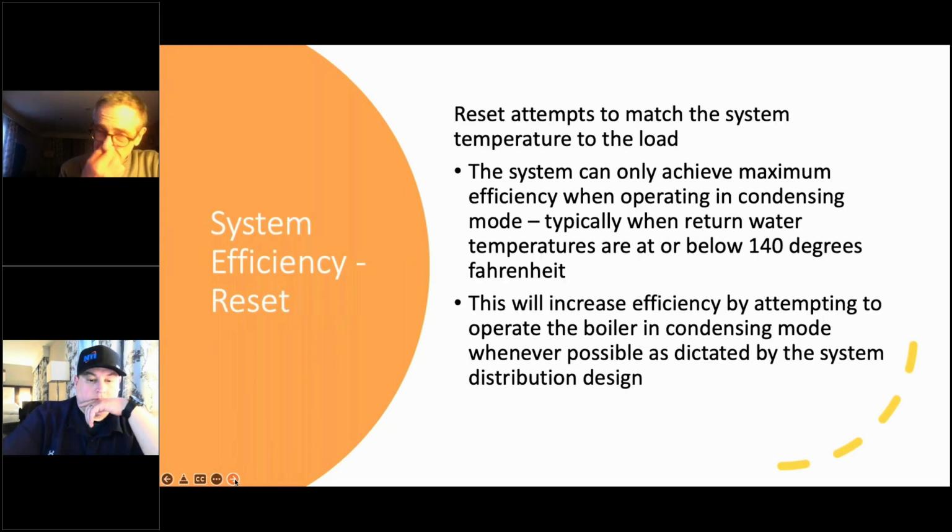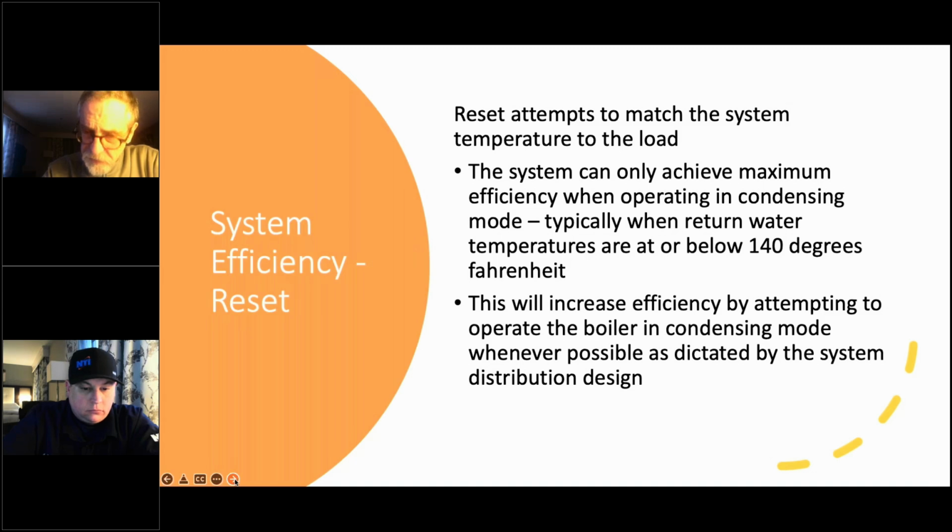To truly be efficient, you have to enable the reset, and that is getting the return water to condensing temperatures. So again, you're not going to condense above 140, and if you can get it down to 130, you're going to be fully condensing. Again, return water temperature, not the supply. So that's about delta T. If the system has a 10-degree delta T and you go out at 150, you're going to come back at 140.